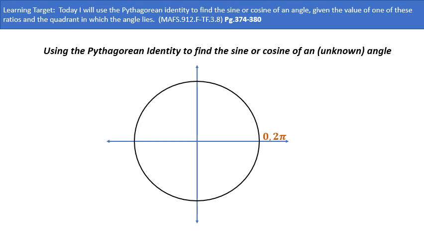If we go up to 90 degrees, what's 90 degrees in terms of radians? Pi over 2. If we take another pi over 2 step, we're at pi, then 3 pi over 2, and lastly at 2 pi. Okay, so far so good.